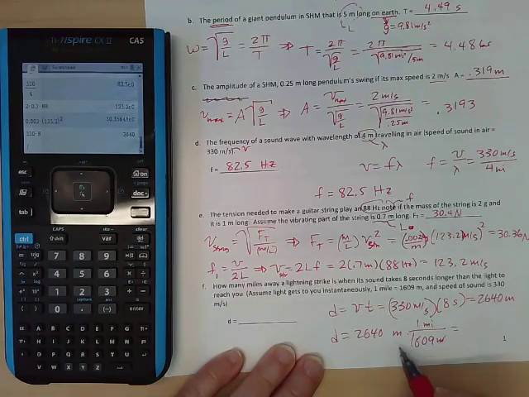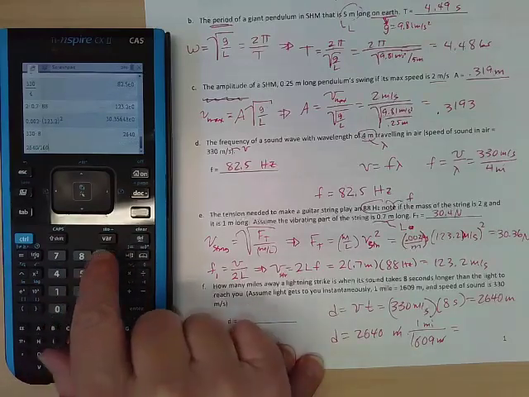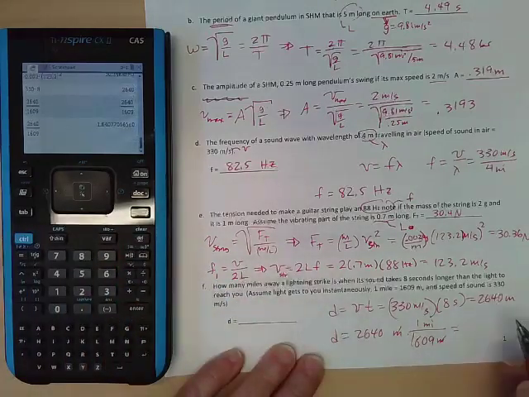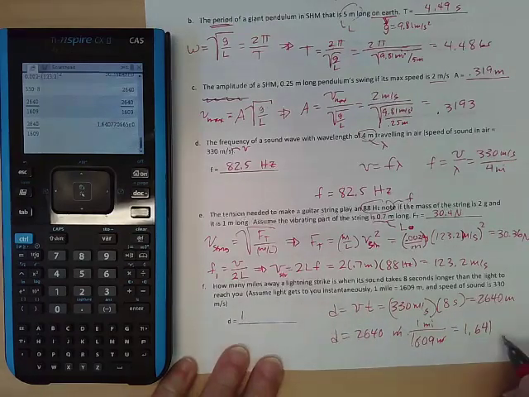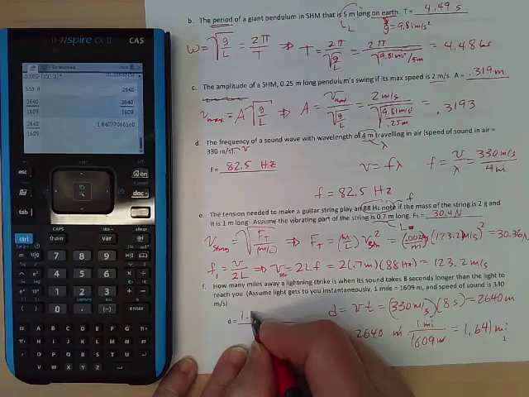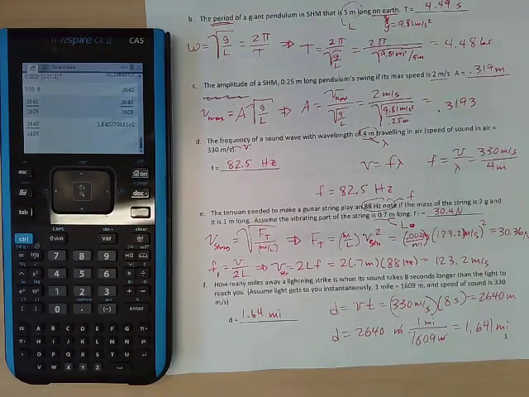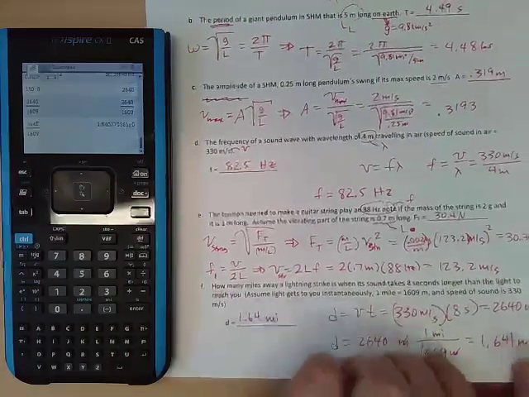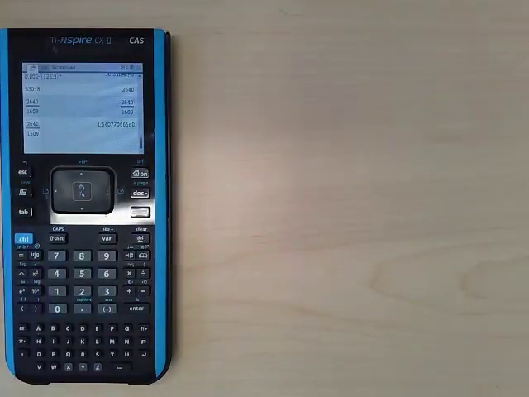And so the meters will cancel and we get miles, so 2640 divided by 1609 is 1.641. So 1.64 miles. Right, makes sense. We had said that it was about 5 seconds per mile, so it's a little more than a mile, well, a little more than a mile and a half.